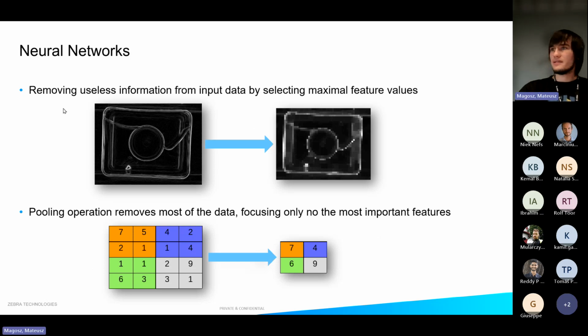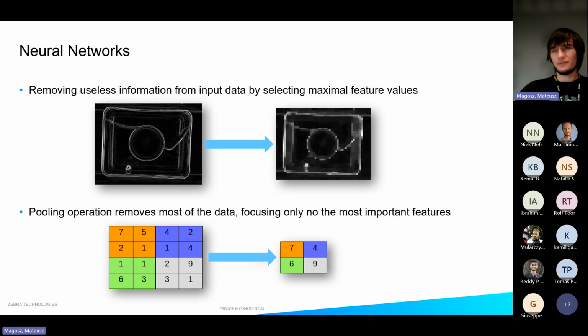Another thing it does is resizing or downsizing the image. As you can see here, if you downsize the image, you of course lose resolution, but some of the most important details about the image are still there. So even if you downsize, you should still be able to see the defects.